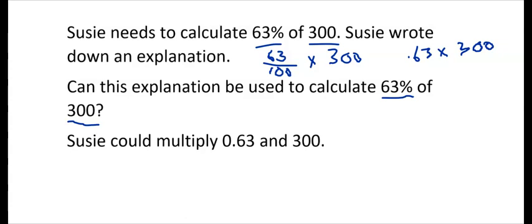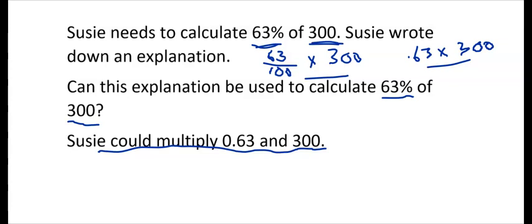So it says, can this explanation be used to calculate 63% of 300? Susie could multiply 0.63 and 300. So if you look up here at our examples, does one of them have that exact thing? And the answer is yes. Now the other thing is, you want to keep in mind that we could actually do a situation where you keep 63 and don't change it to a decimal, and you could divide 300 by 100 first, right?